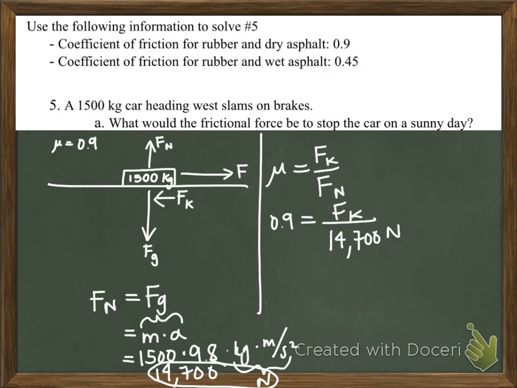So in order to solve for the top portion of this fraction, we have to do the opposite of division, because this is being divided. So we're going to multiply both sides by 14,700 newtons. Sorry, running out of space. Never mind, I was zoomed in.